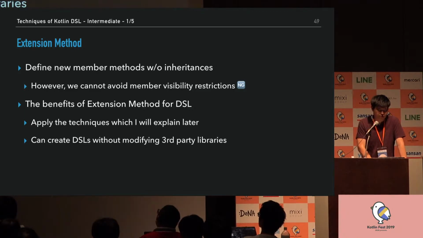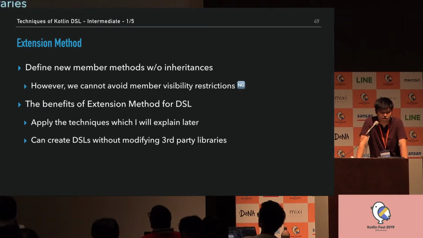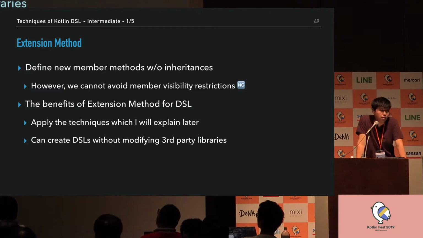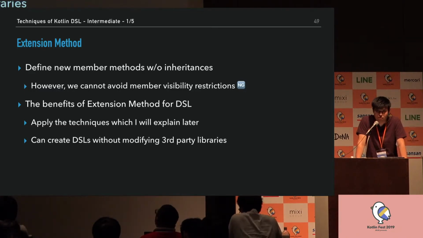The benefits of extension method for DSL are really great. Techniques in the following slides can be applied through extension method. We do not need to modify a third-party library to create a DSL for it. I think extension method is the most important and effective feature for DSL.